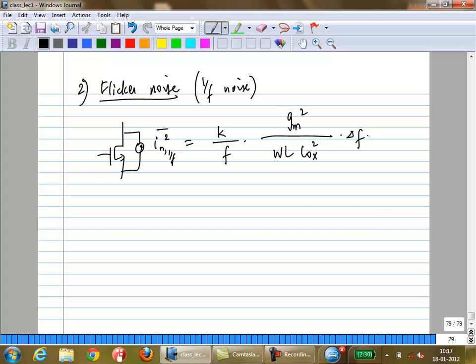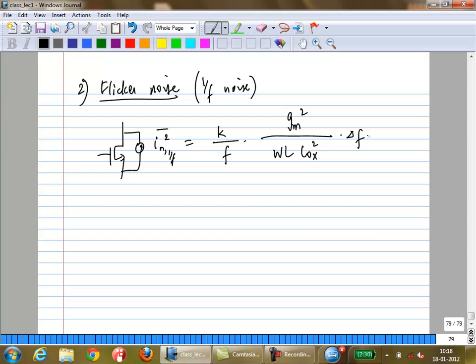So what do you see immediately? This K is an empirical factor, but as frequency of interest increases, the noise keeps reducing. In other words, this noise is very prominent at very low frequencies, around DC, up to maybe several, maybe even tens of megahertz. But not much more than that.